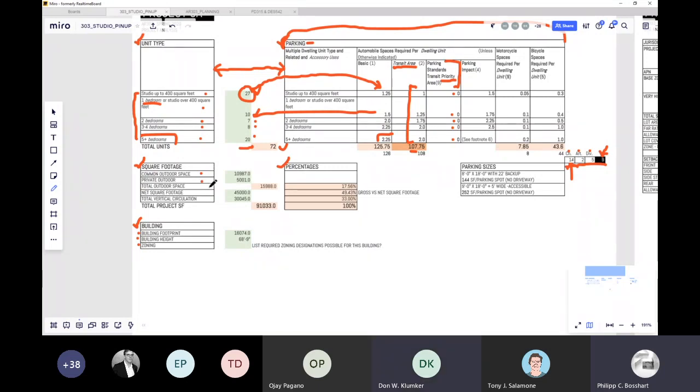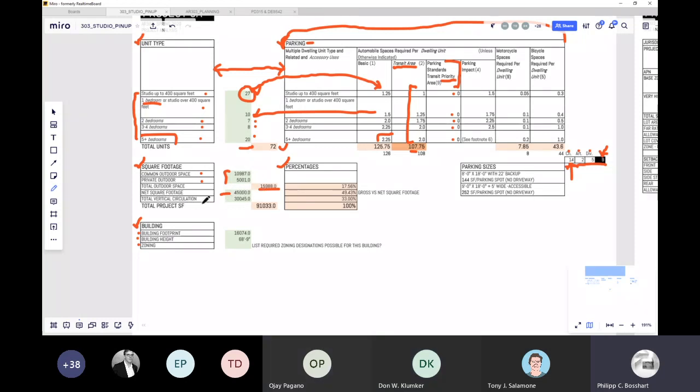And then the private outdoor, this should total into this. And the net square footage, primarily anything that is what you would deem sort of the interior of a unit. Let's say, yeah, the square footage, that's minus this.